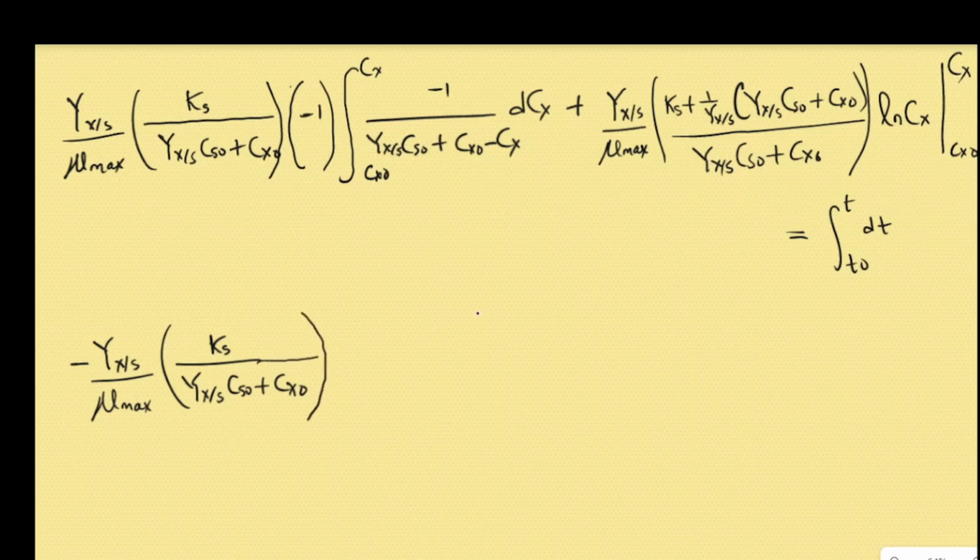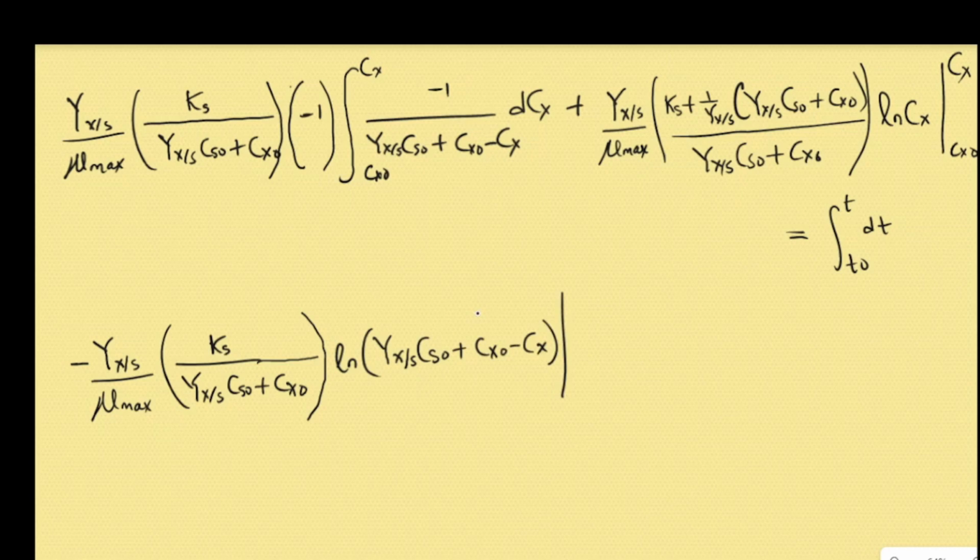When you integrate this whole term, you're going to get ln (Y_X/S (Cs naught plus Cx naught minus Cx)).